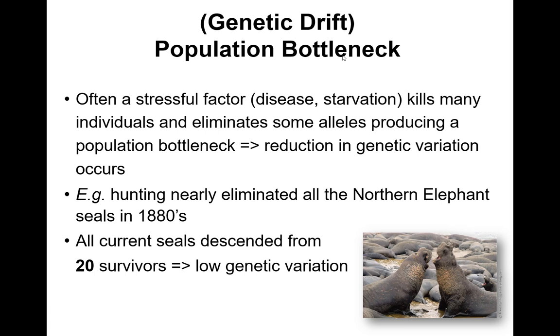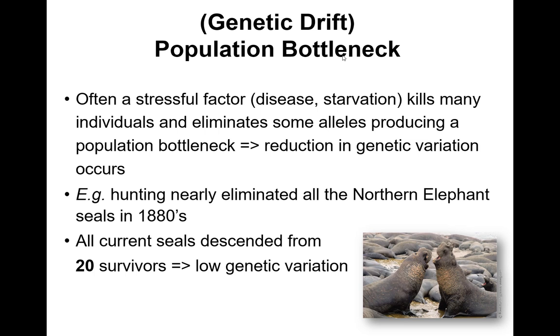One example is what happened with the northern elephant seals. These are seals that are present mostly on the west coast of North America. They were greatly hunted in the late 1800s, and as such they were basically extinct. There were only 20 survivors left at a certain point.